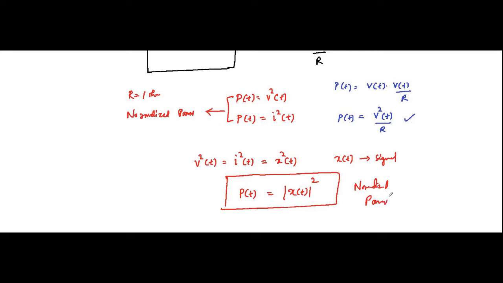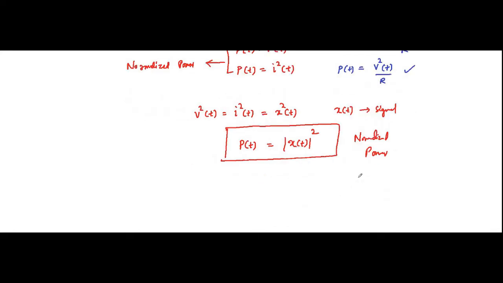So we'll be getting the expressions of energy and power signals from this. Now, the total energy, or normalized energy, can be expressed as P is equal to E by dt, we know that.